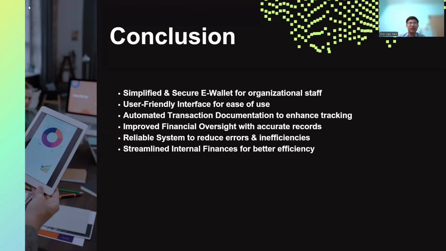The automated transaction documentation enhances tracking, so you can track the transactions. It also improves financial oversight with accurate records, so they can view the transaction history more easily, without wasting time finding things. It is also a reliable system that reduces errors and improves efficiency, because manual work causes many errors. It also streamlines internal finance for better efficiency.